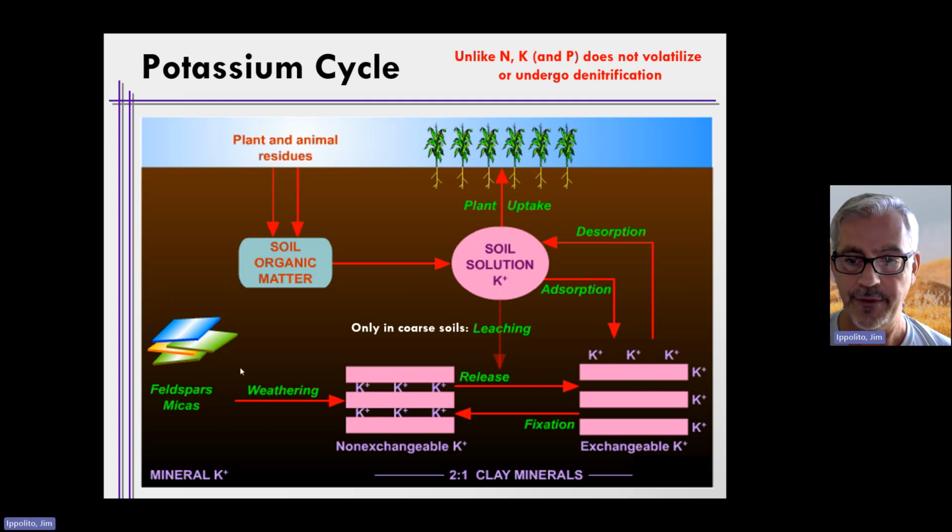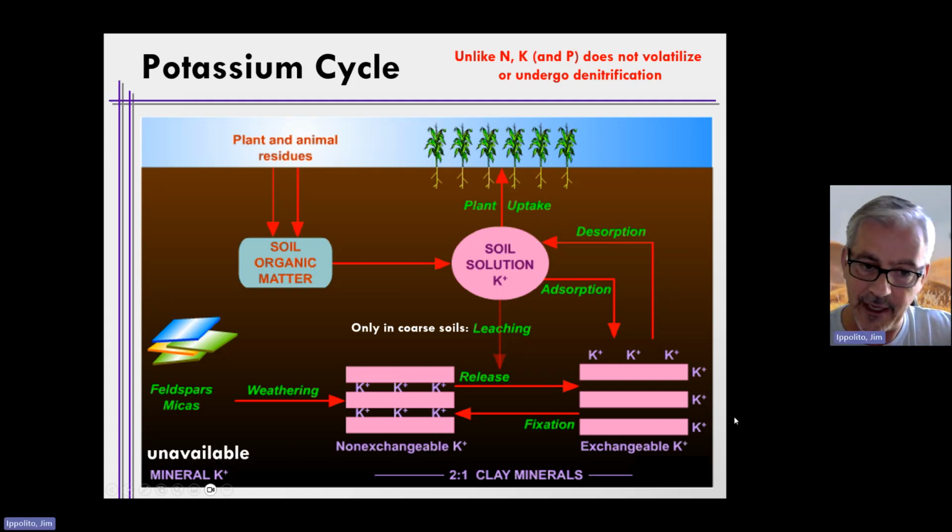So when I think about this cycle, the cycle is rather simple and it's almost, not quite, but almost in one direction, right? So it drives from the left to the right in this bottom portion of the figure. The potassium that's locked up in mineral phases that contain potassium, which are feldspars and micas, is completely unavailable to the plant.